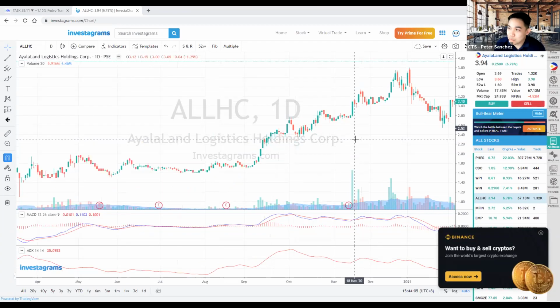Yung iba siguro ginagamit both para mag-form fit sa trend line nila. I highly suggest na iwasan niyo yung pag-form fit kasi minsan i-connect natin yung wick tapos yung second point natin body just for the sake na maganda yung trend line. I suggest mag-stick ka na lang kung wick ka o kung sa body, para mas consistent lang.